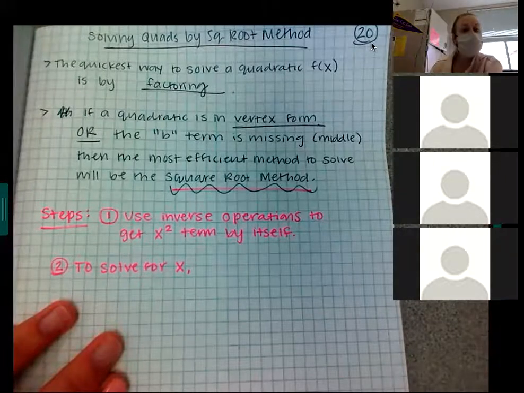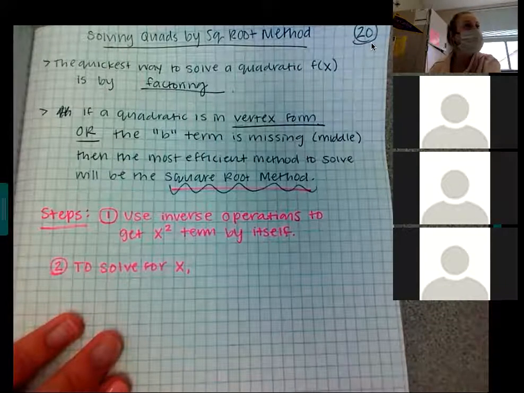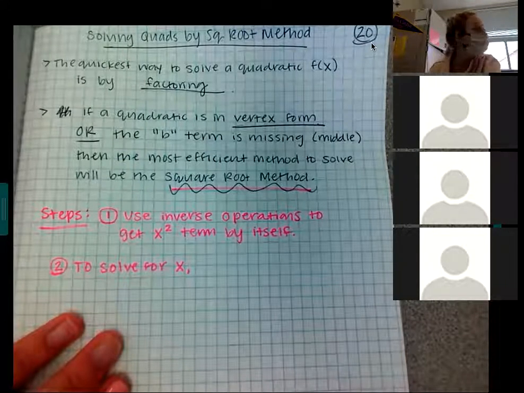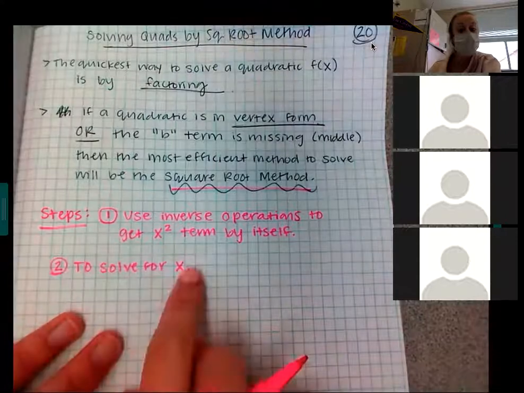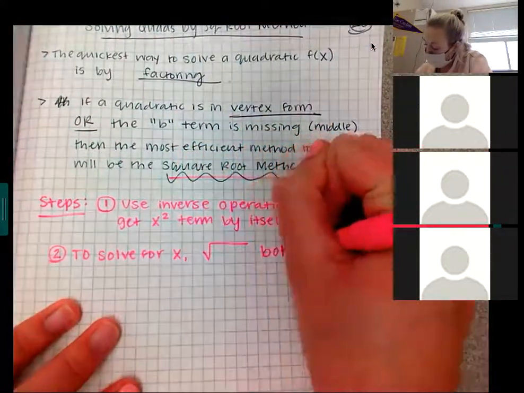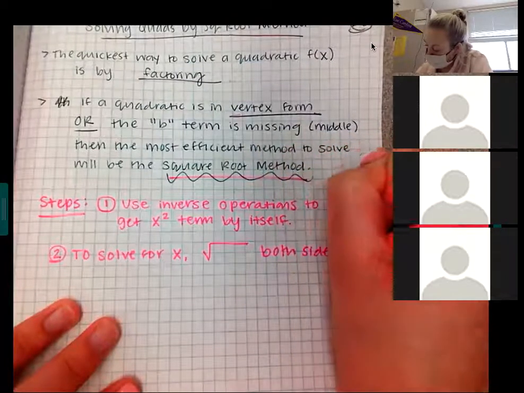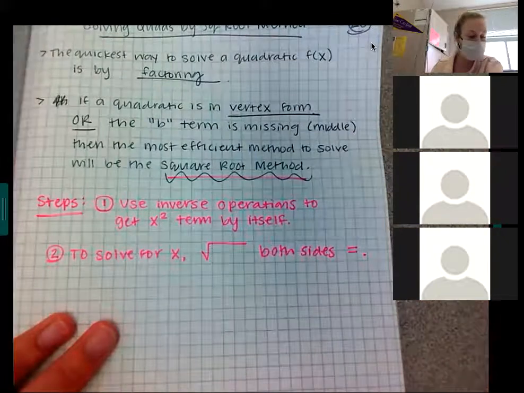What can we do to x squared to find just a plain old x? What's the opposite of squaring something? Take the square root. So once you get the x squared term by itself to solve for x, we're going to take the square root of both sides of the equation. I'm going to abbreviate if that's okay with y'all.